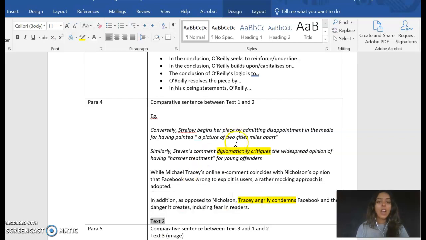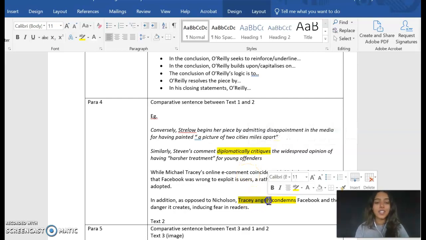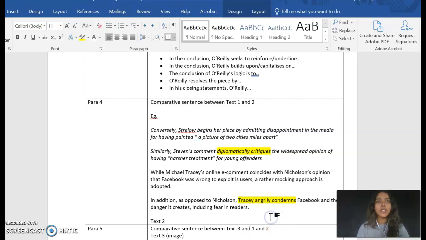That's fine. I've highlighted these 2 phrases in yellow because I wanted you guys to pay attention to the use of adverbs. So Stephen diplomatically critiques and Tracy angrily condemns. It actually gives us more information about the tone.